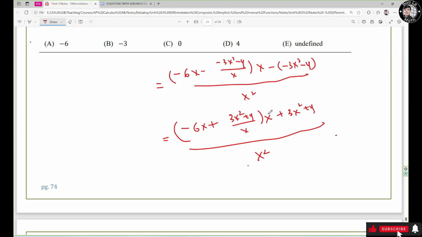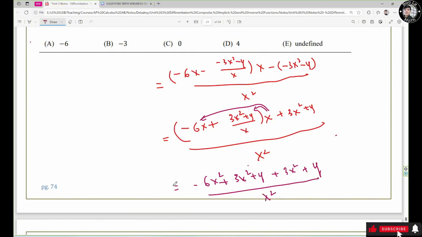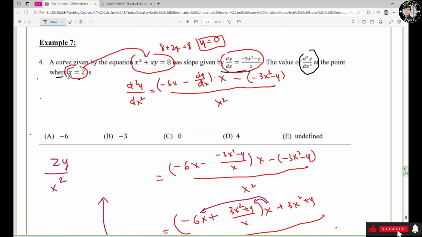Now I distribute negative s over here, so it turns out to be negative 6s squared plus 3s squared plus y, plus 3s squared plus y over s squared. This cancels out. I have 2y over s squared as the final answer. Now I need to substitute 2 for s and 0 for y. So it's going to be 0, so the answer is C.